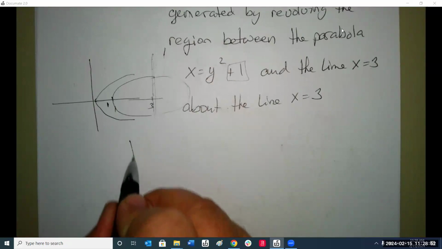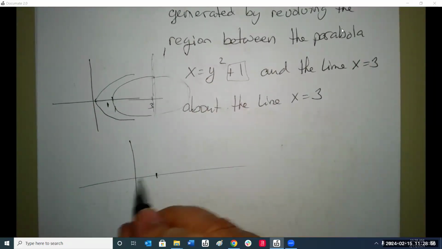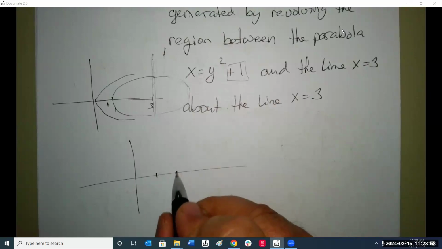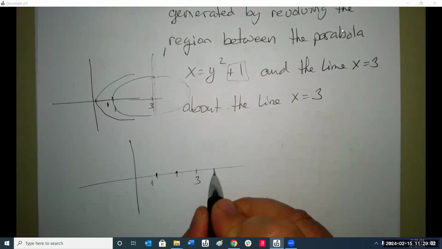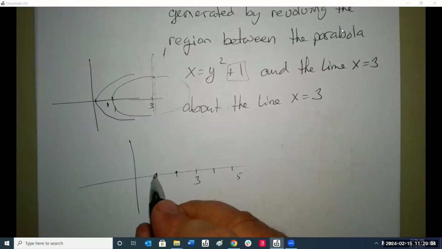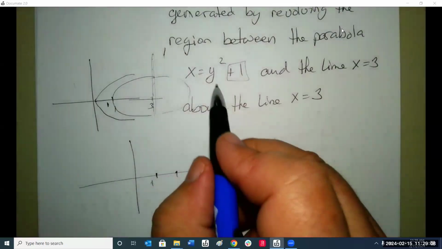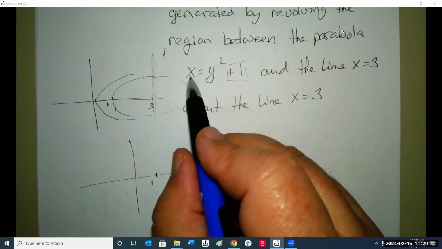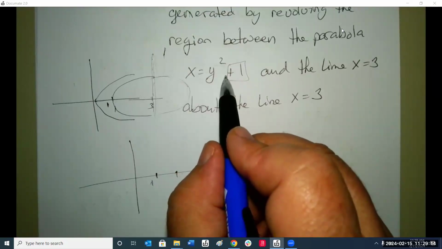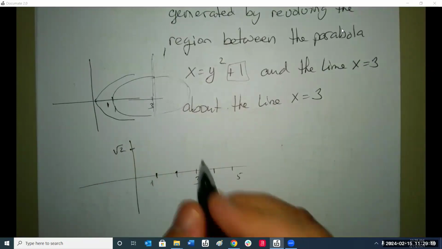So our graph starts at 1 because it's shifted over, 2, 3. So we have to go the other direction. Now when x is 3, we have y squared equal to 2, so our height is square root of 2 at 3.